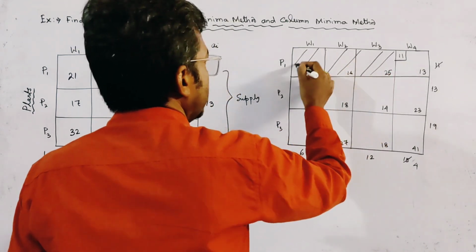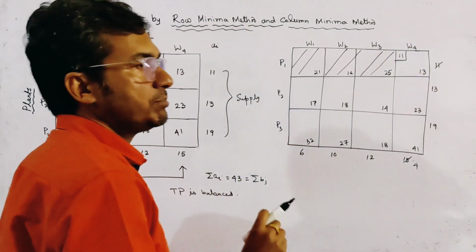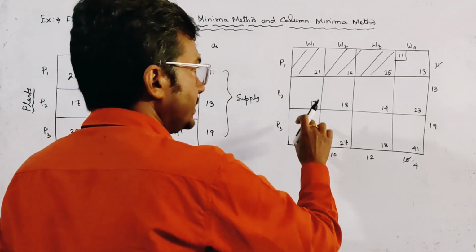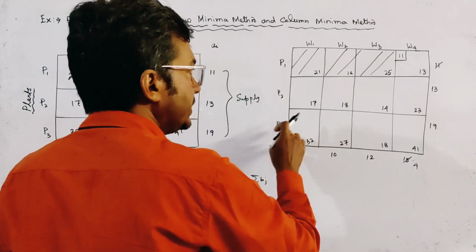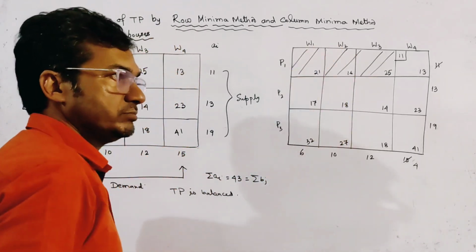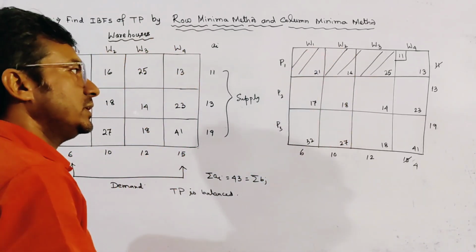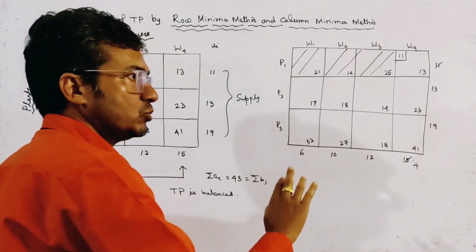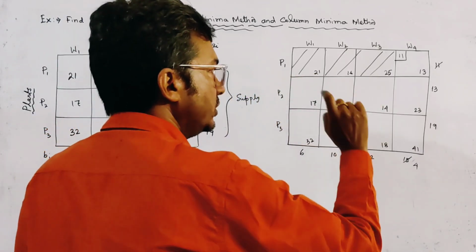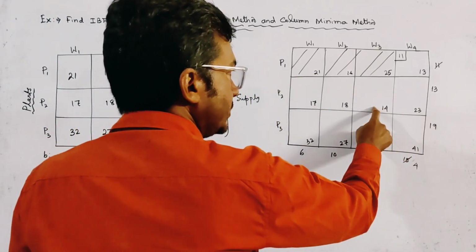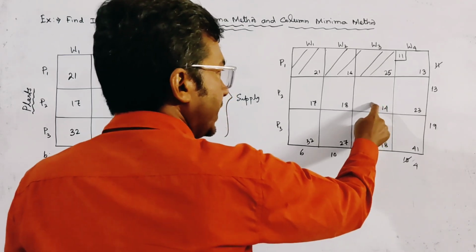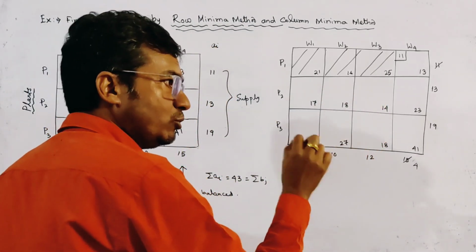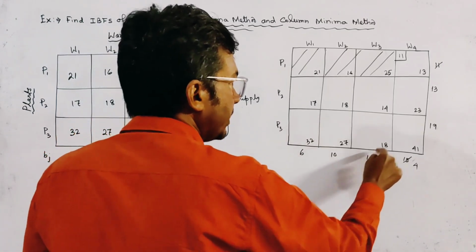Clear? Because supply is exhausted. Now in the new table, only P2, P3 and all the 4 columns, we first find the minimum cost of the first row, that is P2, and the minimum cost is 14, so we have to give the allocation here, and the maximum amount of allocation is the minimum of 12 and 13.